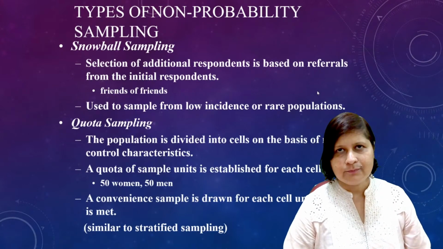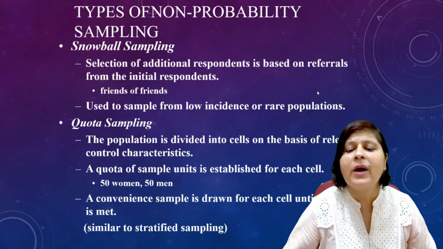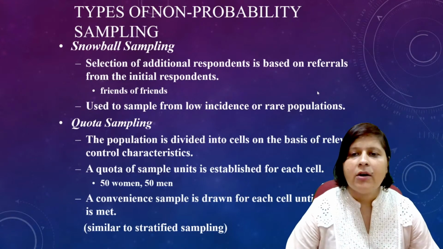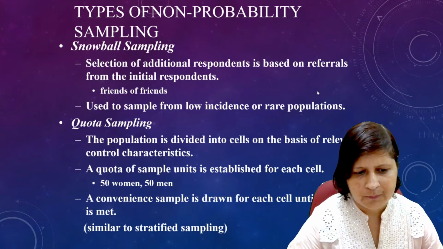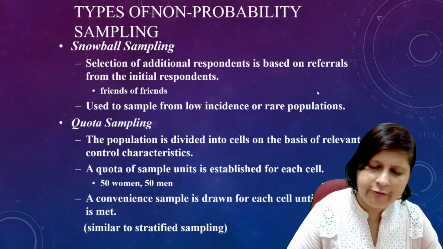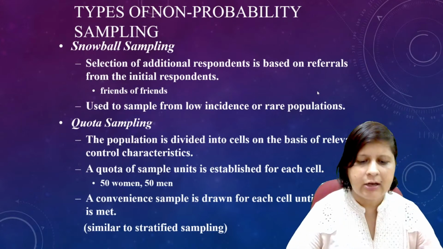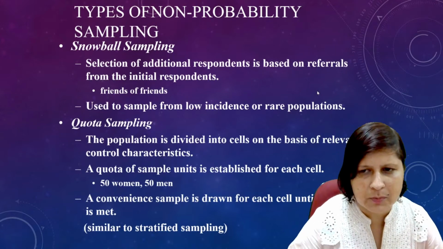Quota sampling. What is quota sampling? The population is divided into cells on the basis of relevant control characteristics. The quota sample unit is established for each cell, 50 women, 50 men. The convenience sample is drawn from each cell until the quota is met.